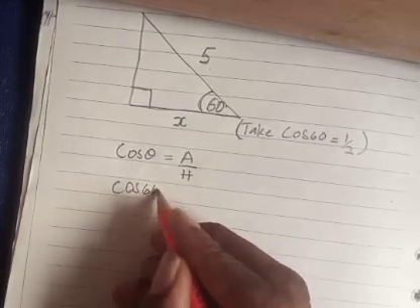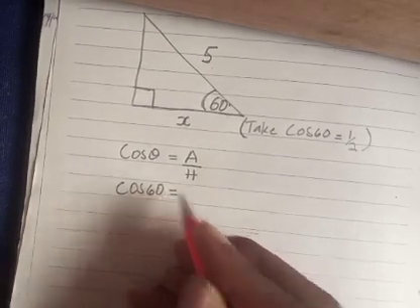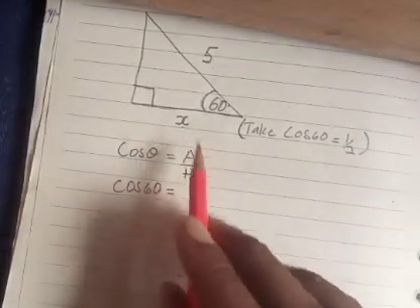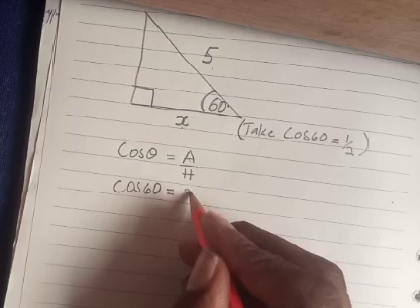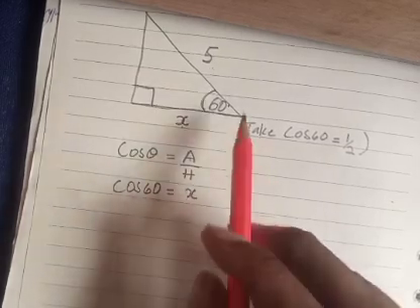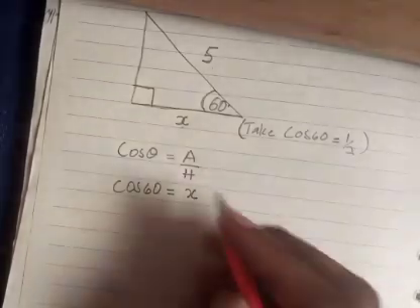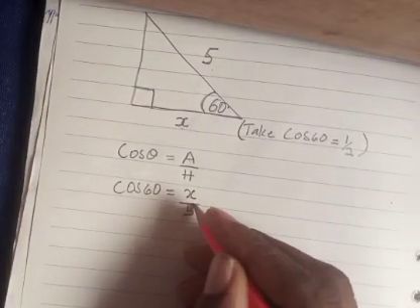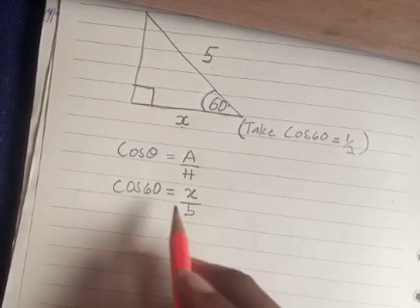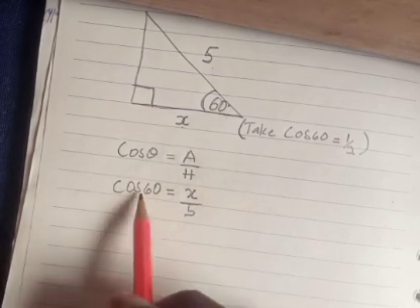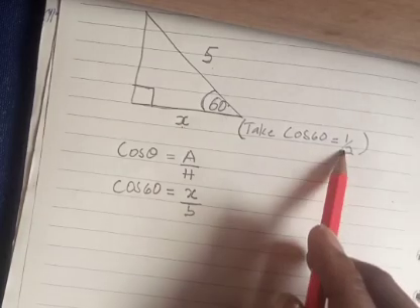So cos 60 is equal to, now our adjacent is x, so in place of the adjacent we put x there. Okay, I hope you are following. And then our hypotenuse is 5, so in place of that we put 5 there. Now let's continue. We're given the value of cos 60, and cos 60 is what?